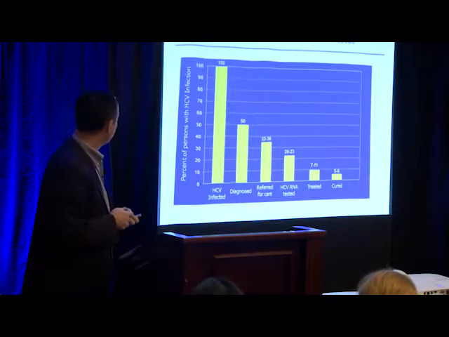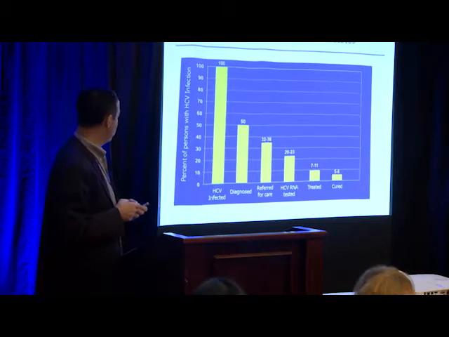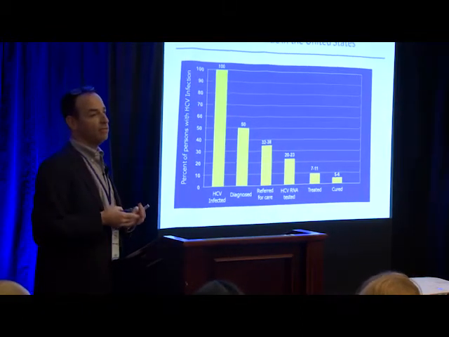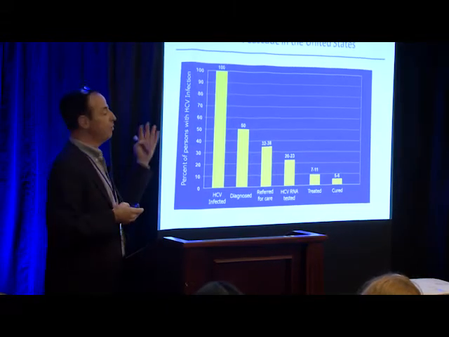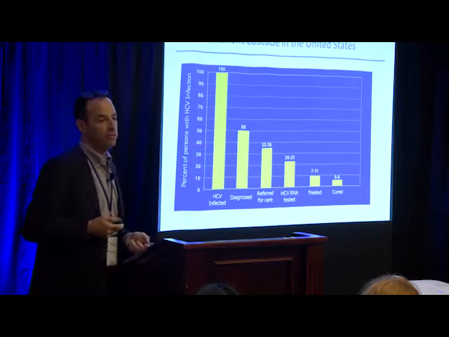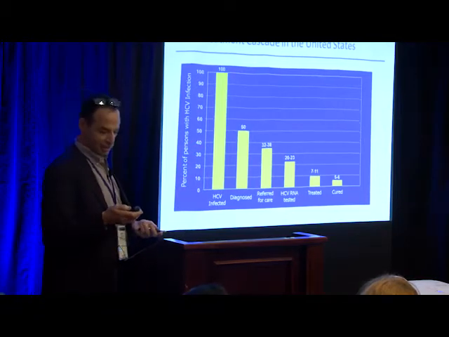So Scott Holmberg at the hepatitis division of CDC did this cascade, and the treatment cascade was discussed initially in HIV, now adapted to Hep C, and for every 100 patients in the United States with hepatitis C, 6 are being cured.